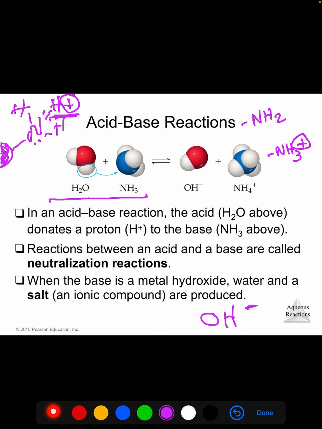So here's a reaction with ammonia. If you take ammonia, which by the way is a gas, and you bubble it through water, you form a solution of ammonium hydroxide, NH4+, that's the ammonium ion, OH minus. I should not have put the plus there. NH4OH, which dissociates into NH4+ and OH minus.